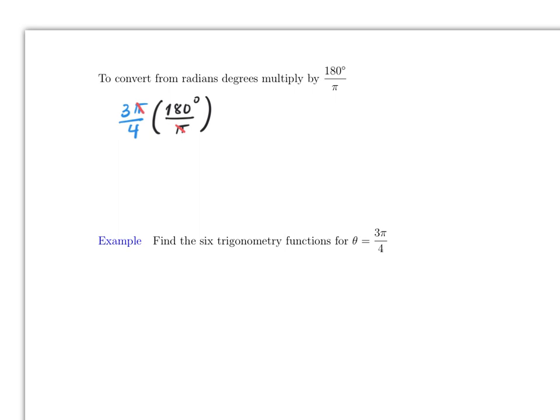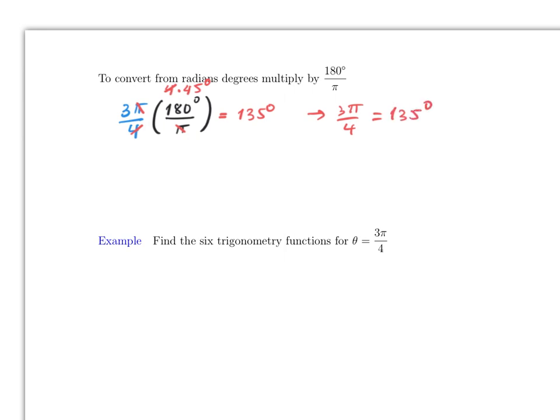And then 180, we already saw it was 4 times 45. So the 4's cancel, and now this will be 45 times 3, which is 135. So therefore, 3 pi over 4 is the same thing as 135 degrees.